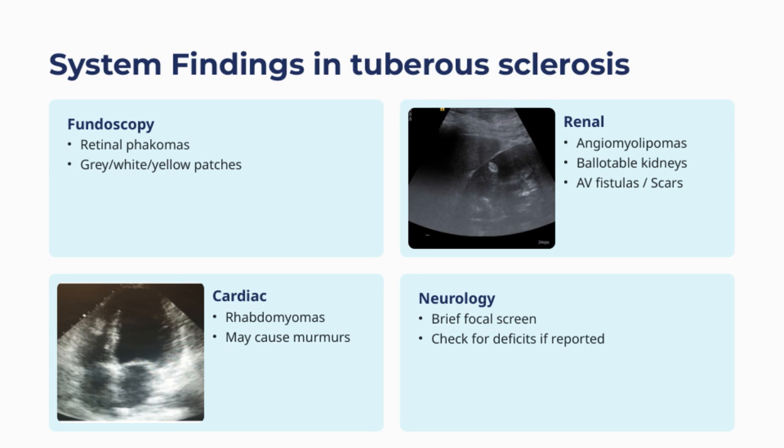In the eye examination, fundoscopy can reveal retinal phakomas, which are characteristic lesions in tuberous sclerosis. These may appear as gray, white, or yellow patches on the retina. Overall, these systemic findings, neurological, cardiac, renal, and ocular, are key features in tuberous sclerosis. Recognizing these signs helps us build a comprehensive picture of the disease and guides further management.